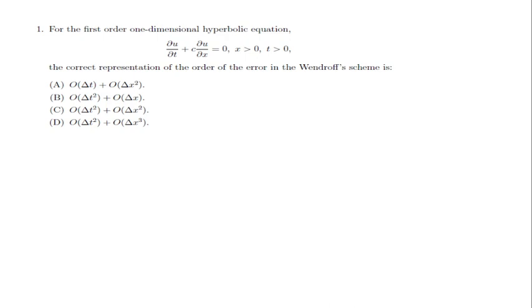So the answer is C, order of del t square plus order of del x square. Just verify it with your calculations.